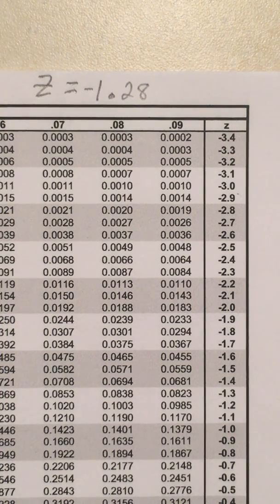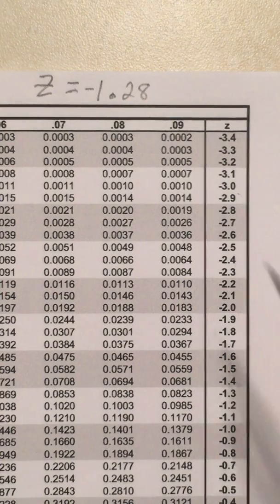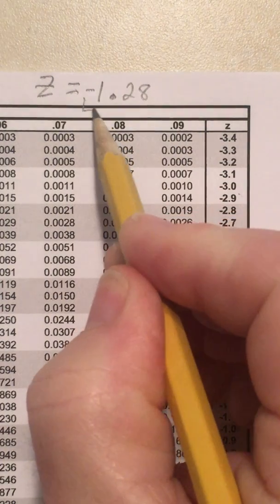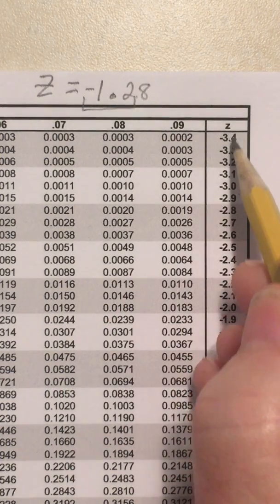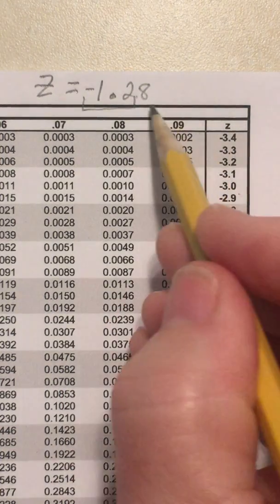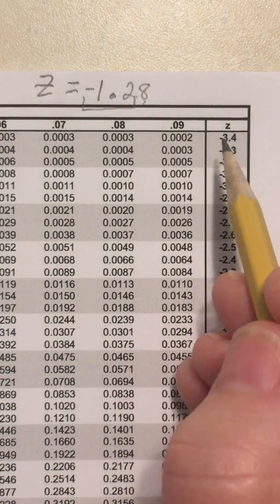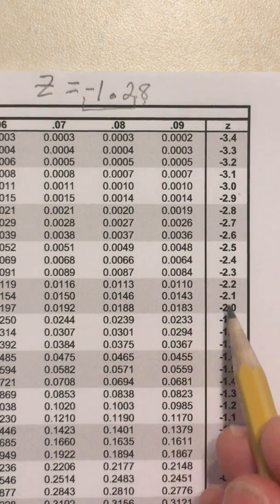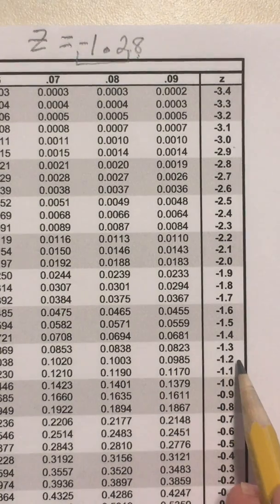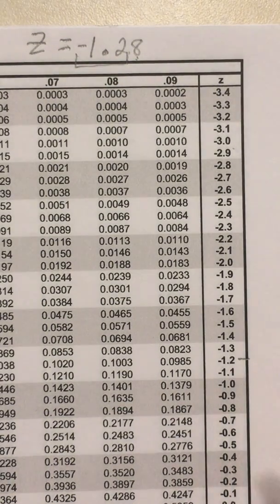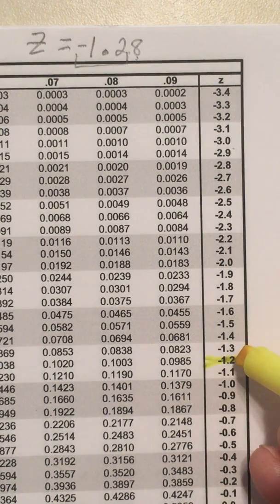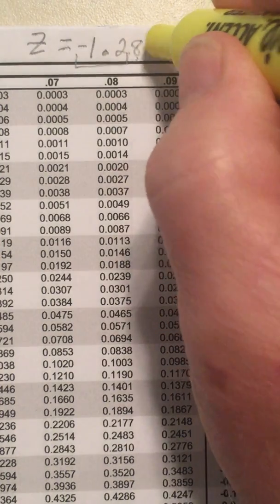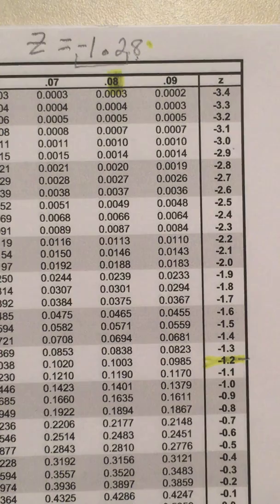Okay, so let's see what we have. The first two values, the number in front of the decimal point and the digit after the decimal point, we can find in the rightmost column. We're going to enter from the right because 8 is very far to the right of the table. We look at negative 1.2, that's this value. Then the second decimal is 8, so we need to be in the 8 column.